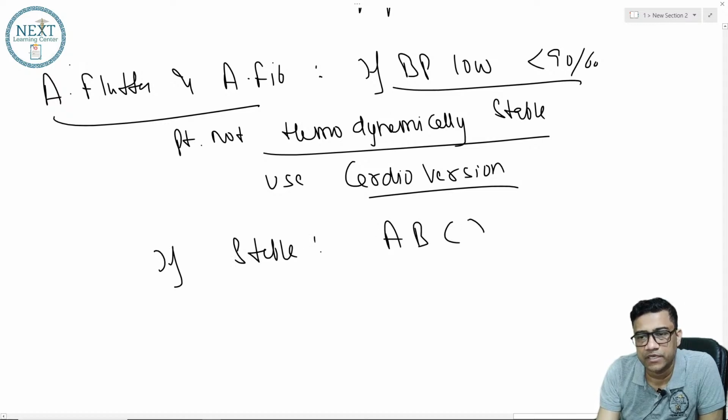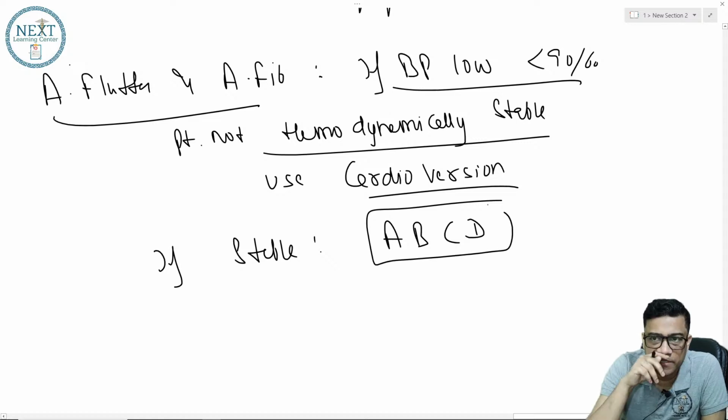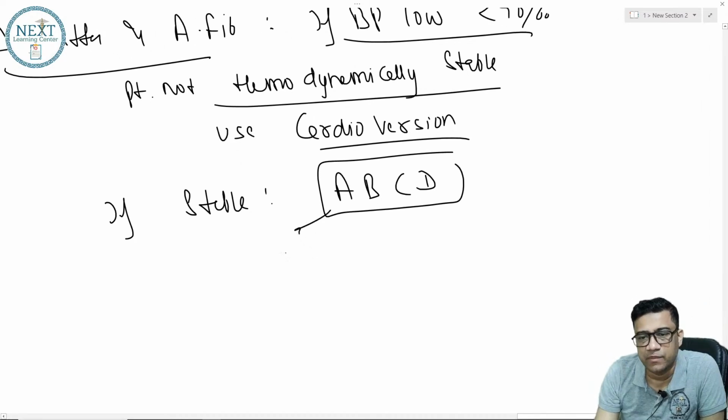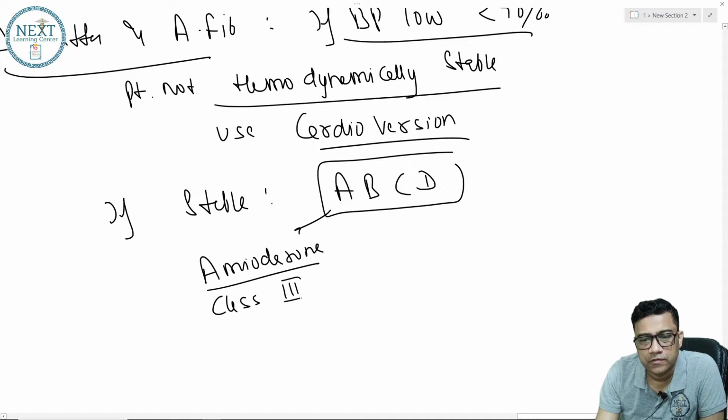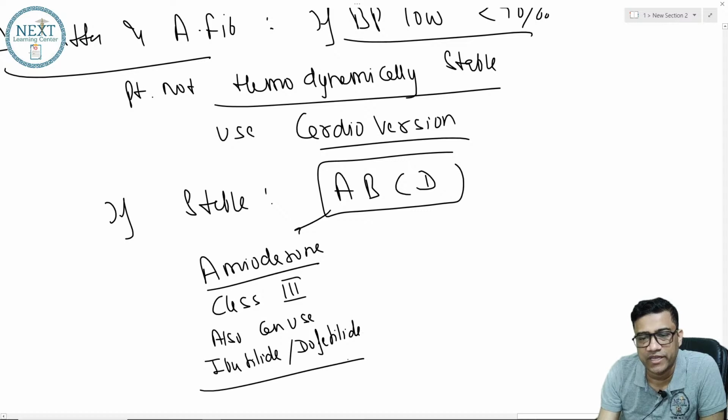ABCD. A is amiodarone. It is class 3. Also can use ibutilide, dofetilide. Some books say that they are better than amiodarone.